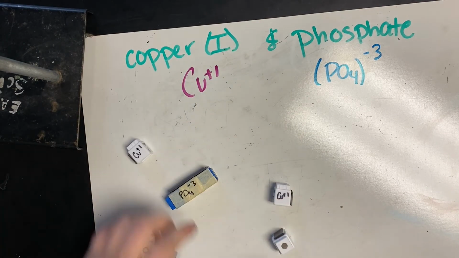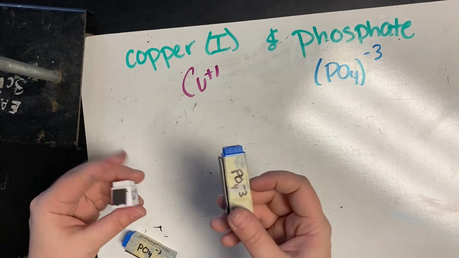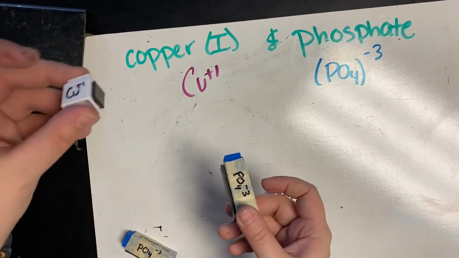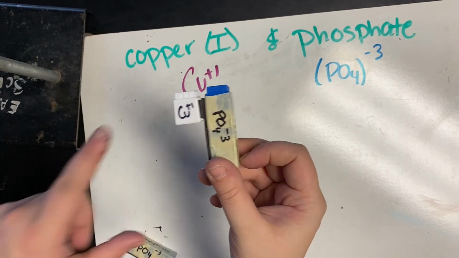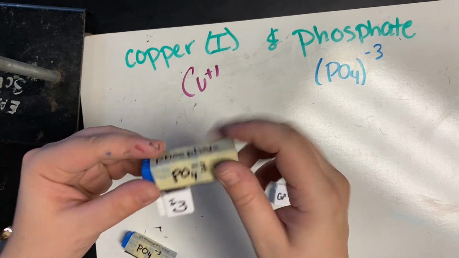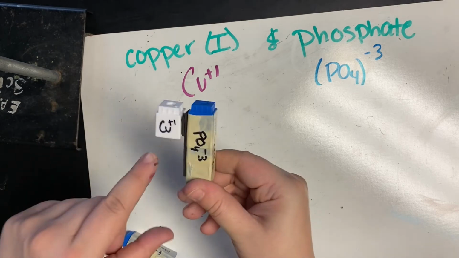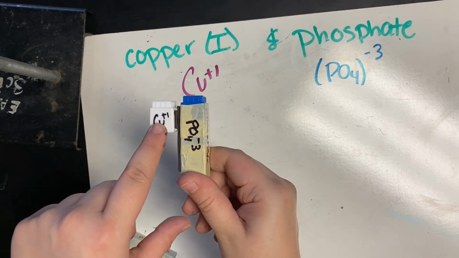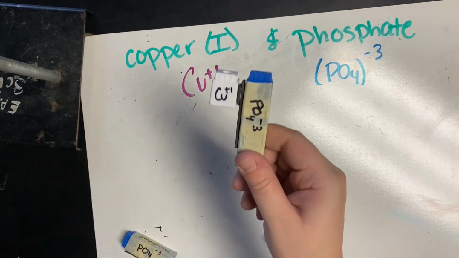So if we're building our copper 1 with our phosphate, our copper 1, which is positive, and our phosphate, which is negative, will ionically bond together. So you have this ionic bond between this and that, and then inside your polyatomic ion, you have those covalent bonds. Now, obviously, we cannot use one copper for one phosphate because we want both sides to be the same thing.